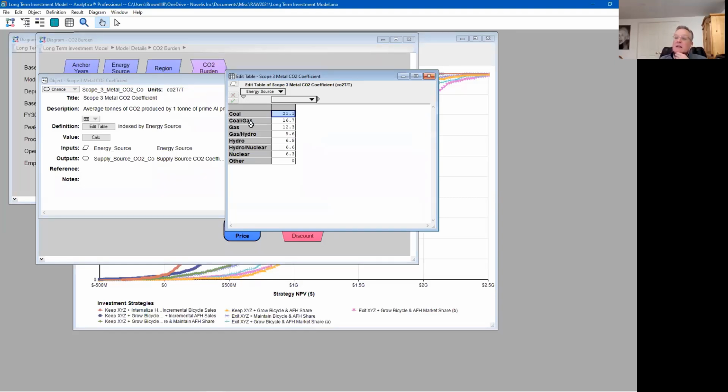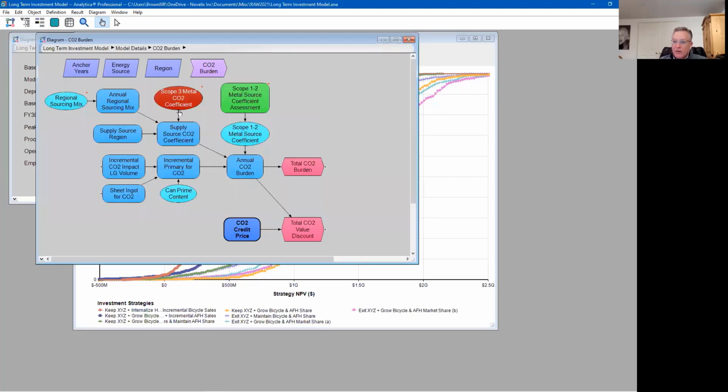Secondly, followed by coal is gas. Gas comes down the line a little bit more. You can see that hydro is better. And we ultimately get down to nuclear. We would love to see more prime being generated with nuclear as a power source behind it. Of course, the best is altogether using recycled aluminum because it doesn't rely on any of these sources.